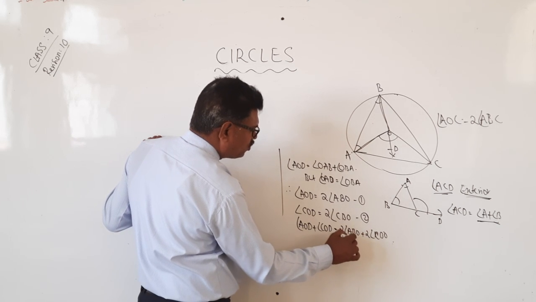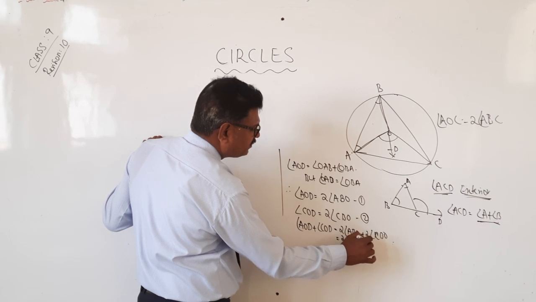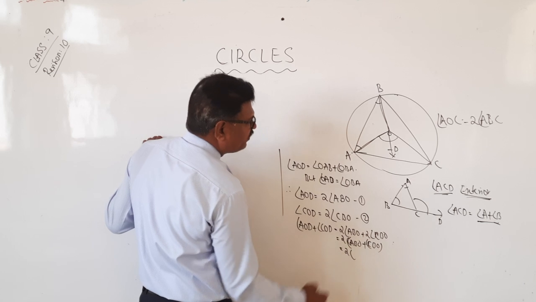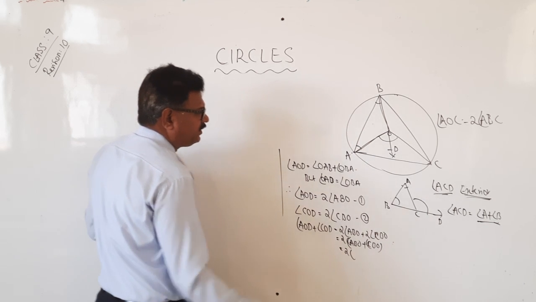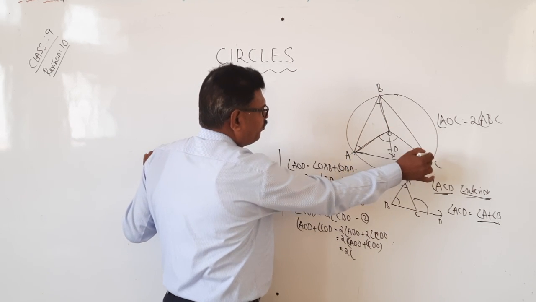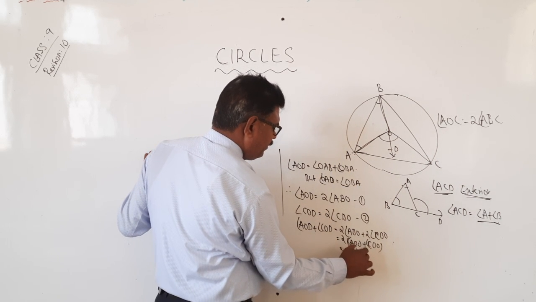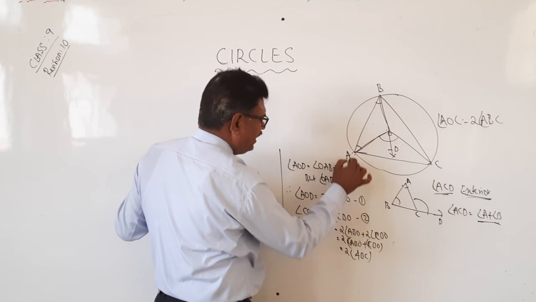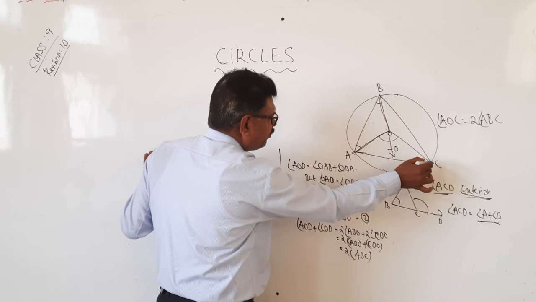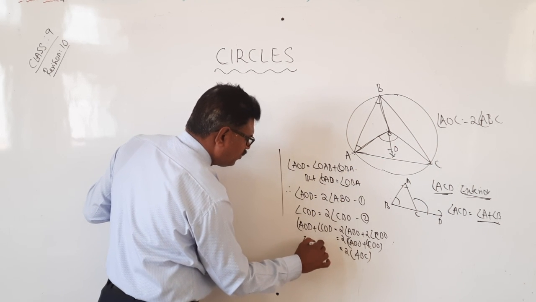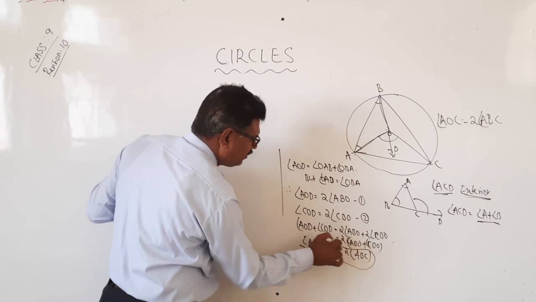If you take 2 common, 2 times of ABO plus CBO, what can we write? ABC. Here AOD plus COD, directly we can write AOB. Therefore, this is the proof.